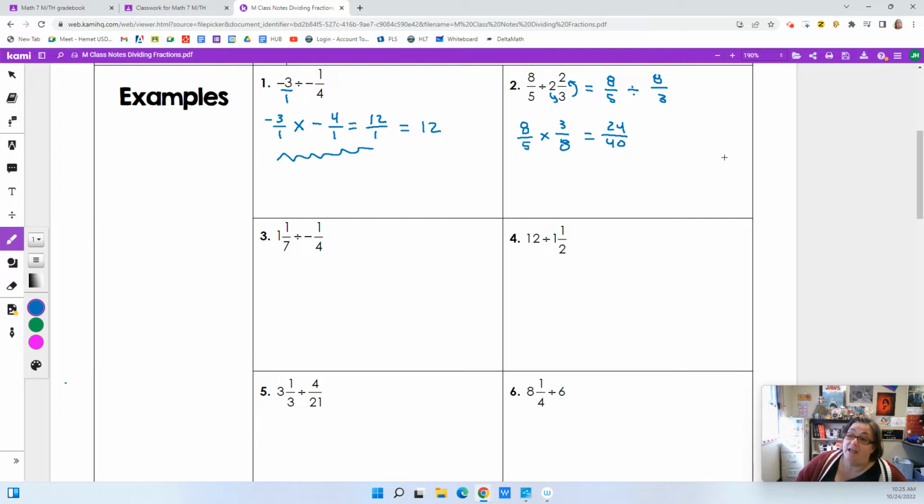I know that 8 times 3 is 24, and I know that 8 times 5 is 40. We know that because each of these has an 8 in it. So if I go 24 divided by 8, I'm going to have 3. And if I have 40 divided by 8, I'm going to have 5. And I am left with 3/5.